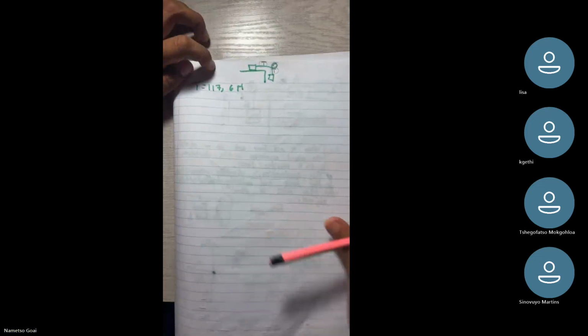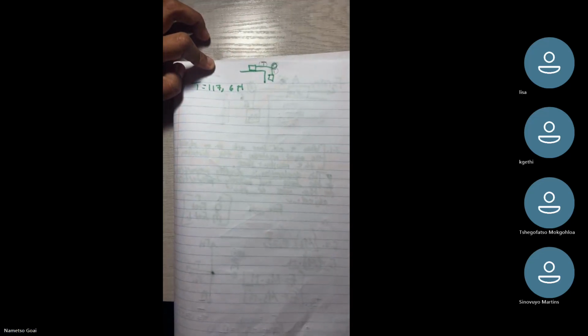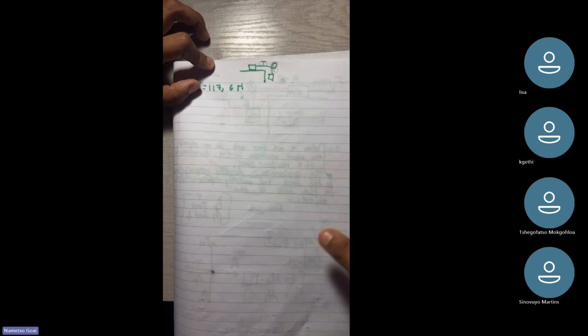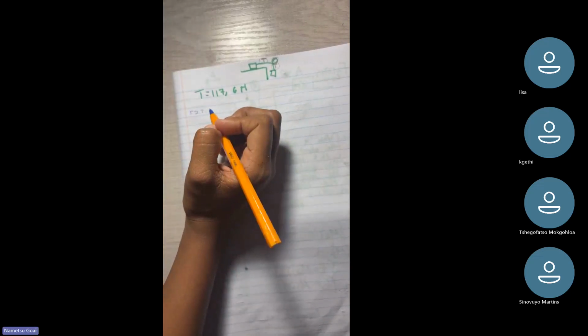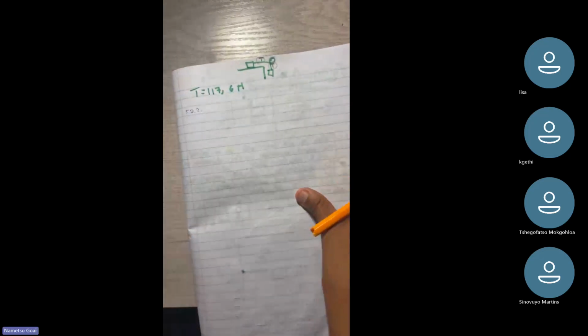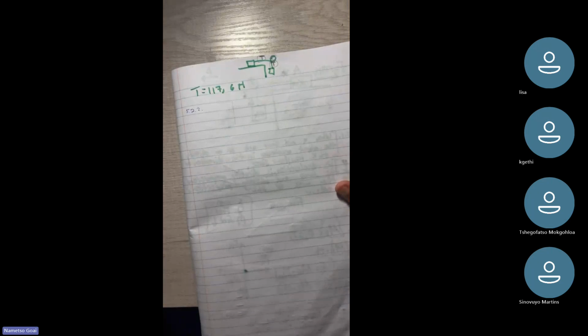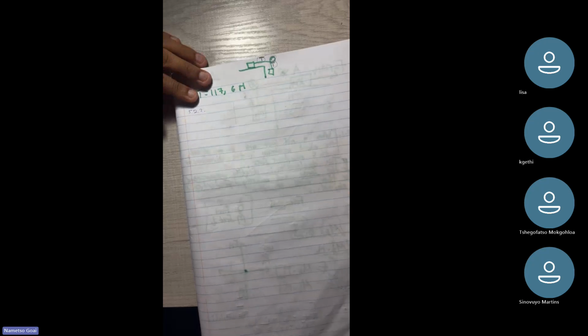Now let's see what they're saying. For 5.2.2, they're asking for the magnitude of the kinetic frictional force acting on block A.